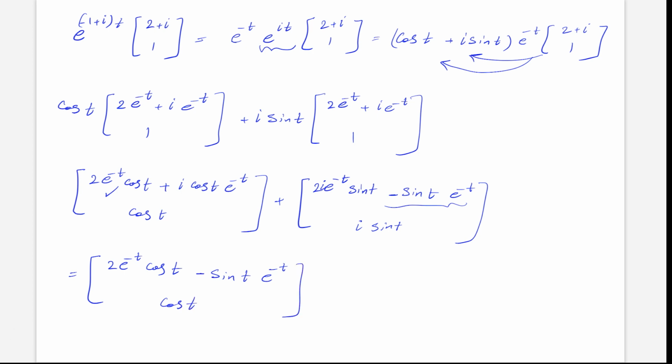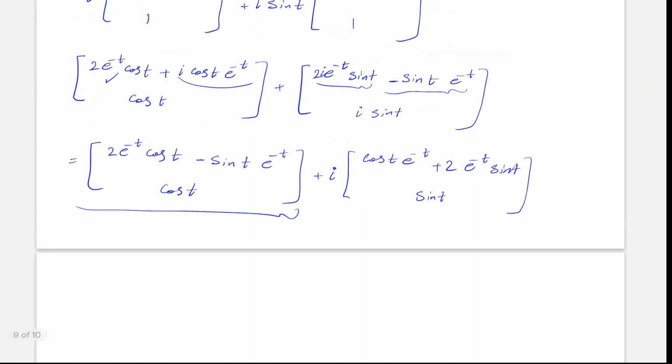This is the real part. Now for the imaginary part, I move i outside, so we have cosine t e to the minus t plus 2 e to the minus t sine t in the first row, and in the second row sine t.